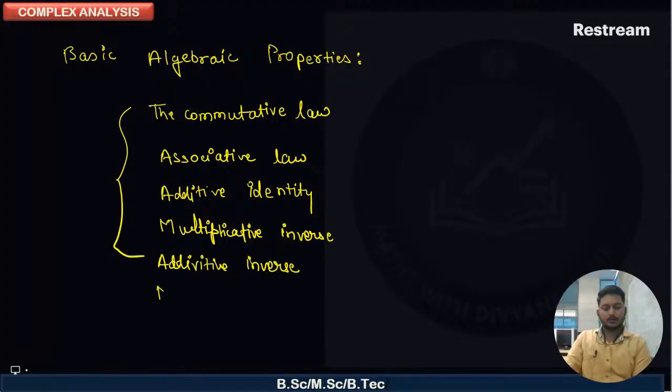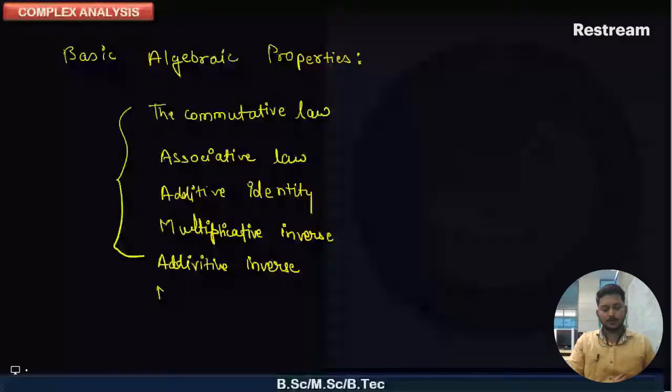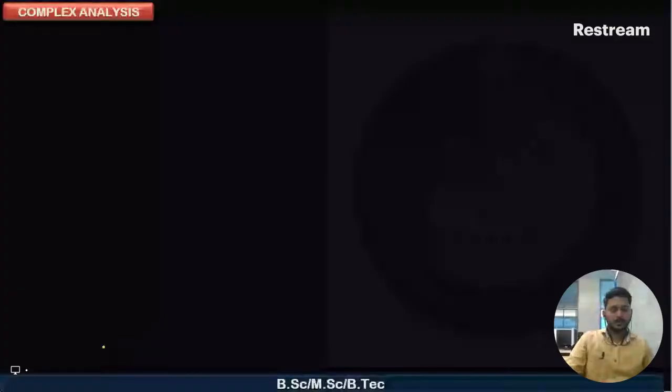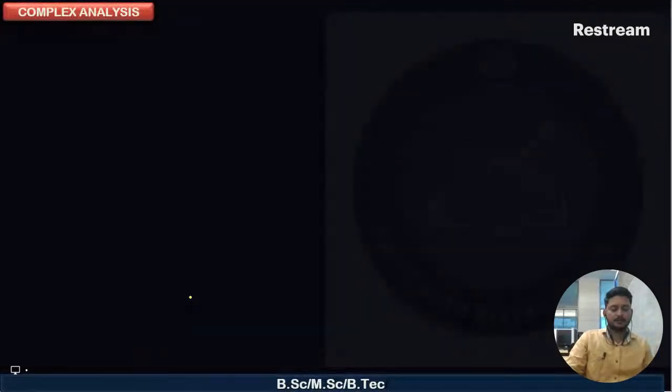In this section we begin to observe that the existence of multiplicative inverses enables us to show that if a product z1 z2 is zero, then at least one of the factors is zero.